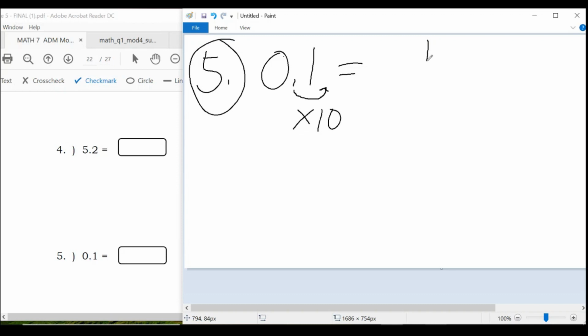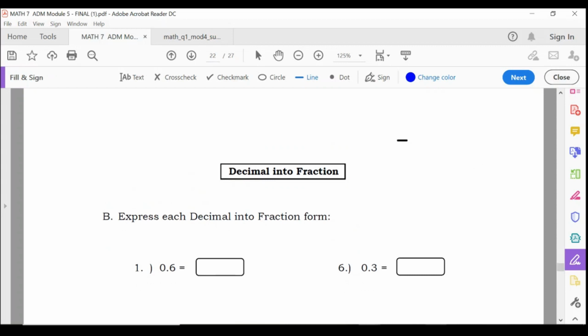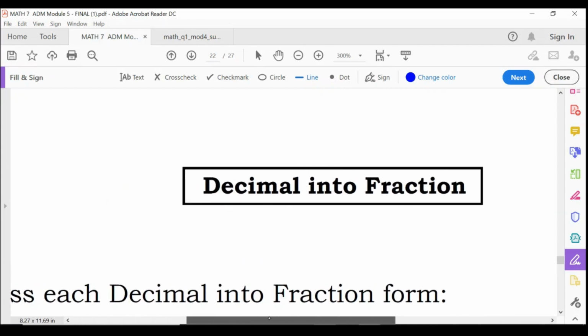So pagpabalik naman kay 1 para mabalik sa 0.1 original, ibig sabihin nun si 1 dinivide natin by 10. Nakuha? So 1 and 10, may common factor pa ba? Wala na. Okay, nakuha, class? So yun po ang proseso, ang steps kung paano mag-express ng decimal number into fraction.